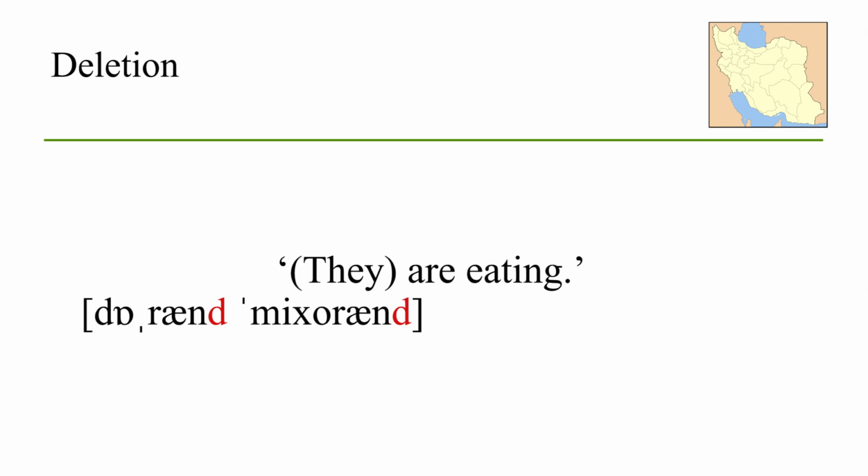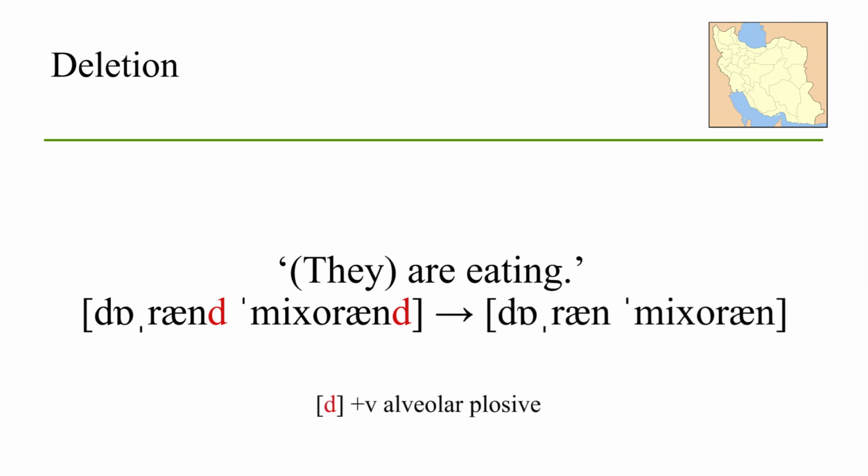Another example is the progressive verb. They are eating, darand mikhorand, but it becomes daran mikhorand because it's two verbs, so you have twice daran mikhorand. You see, two deletions here.